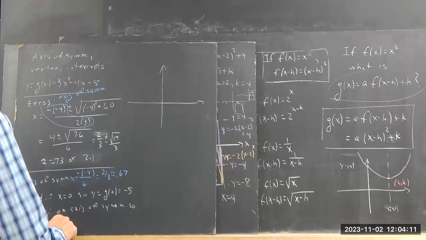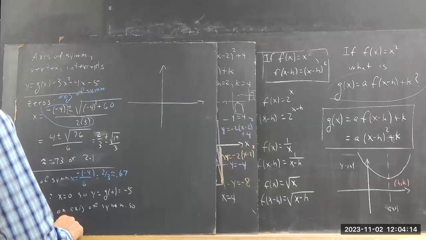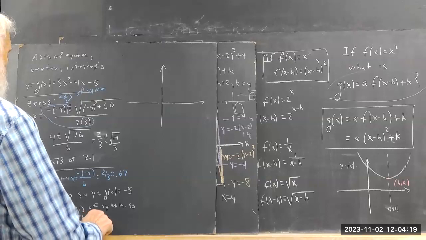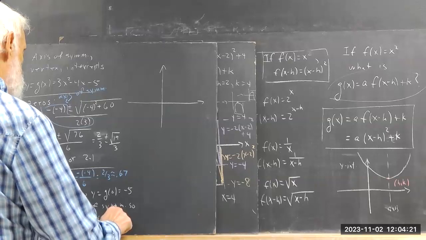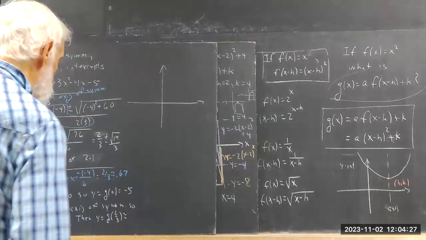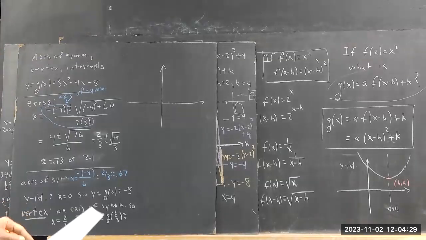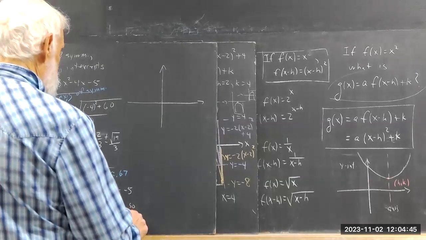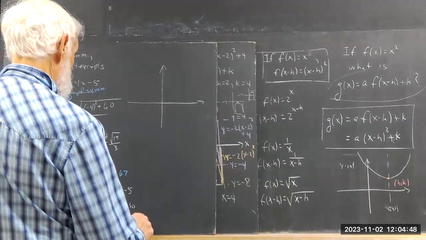So x equals 2/3, and y equals G of 2/3, which is approximately equal to what? 2/3 of -4 would be -8/3, and 3 times 4/9 would be 4/3. -8/3 and 4/3 is -4/3. I'm going to take a stab and say that's about -6.3.